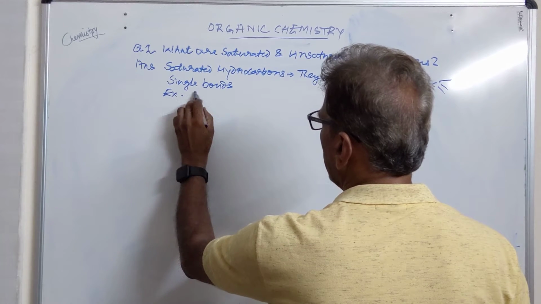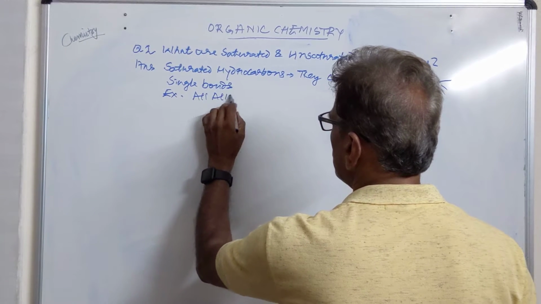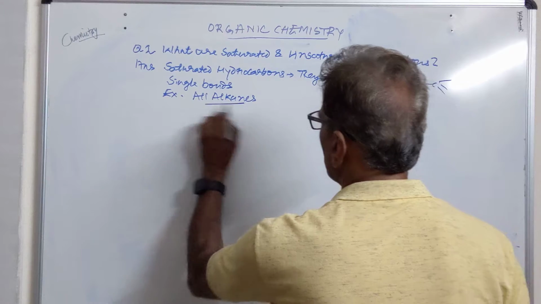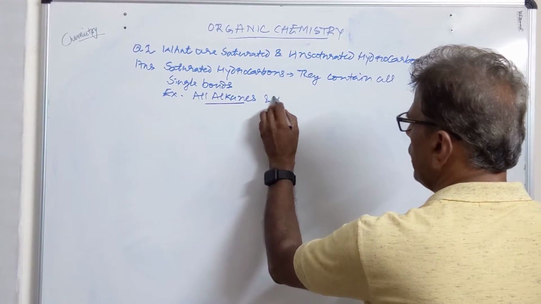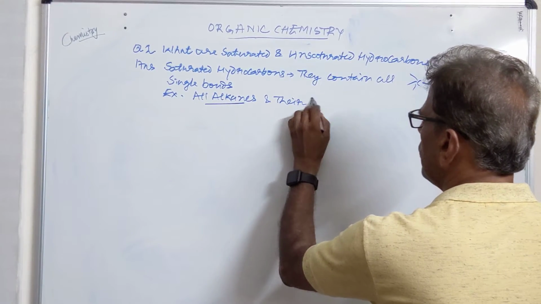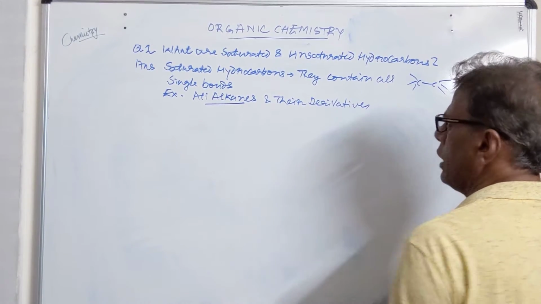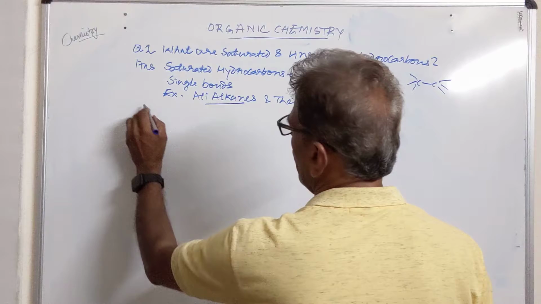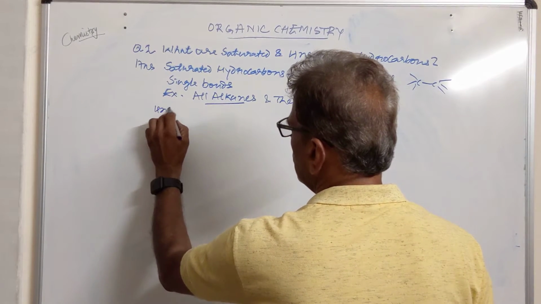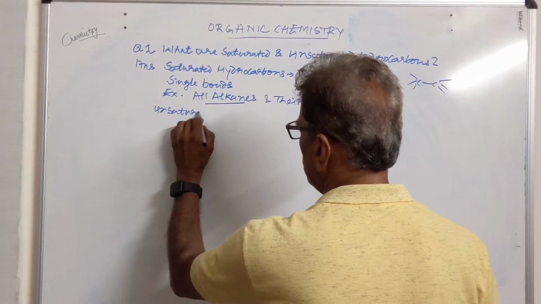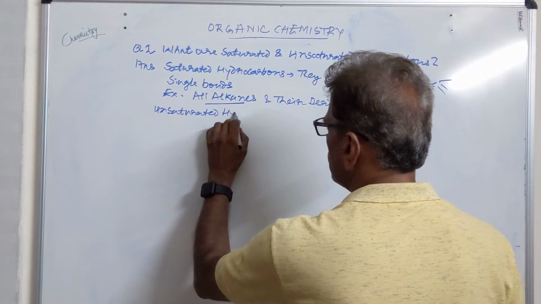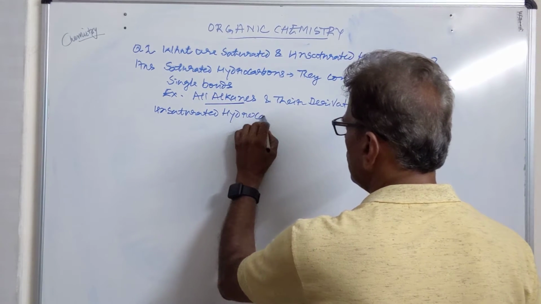Example, all alkanes, and their derivatives. They all are saturated hydrocarbons. Then we have unsaturated hydrocarbons.